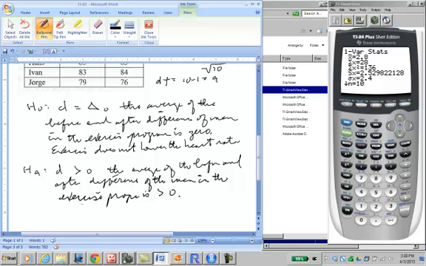In other words, exercise helps lower heart rate.